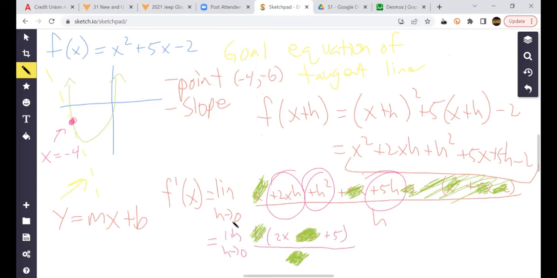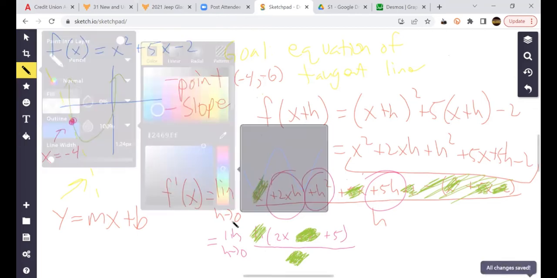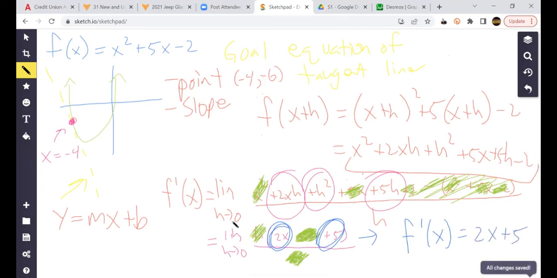And the pieces that you're left with constitute your derivative. So here in blue, f prime of x would equal 2x plus 5. Write that down somewhere. Hopefully you're following along here with this little video. Our derivative is 2x plus 5.